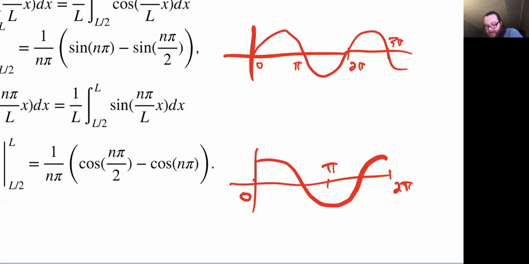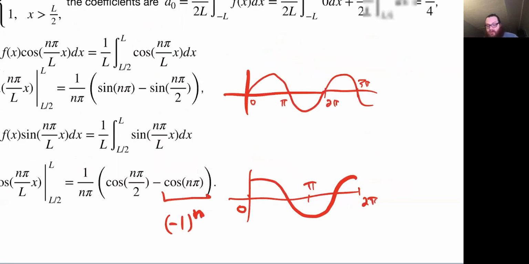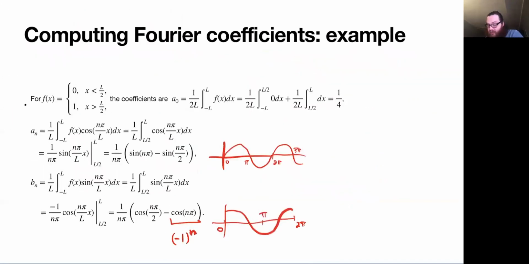When n is even, like here and here, it's equal to 1. So if you wanted to, you could substitute (-1) to the n for cosine of n pi, and that would be totally valid. Here, we won't make that substitution. We'll just content ourselves with the fact that we can compute the coefficients and actually get what these coefficients are.